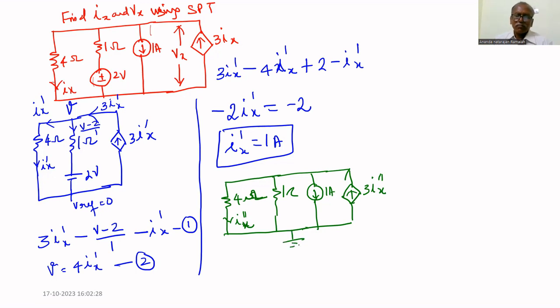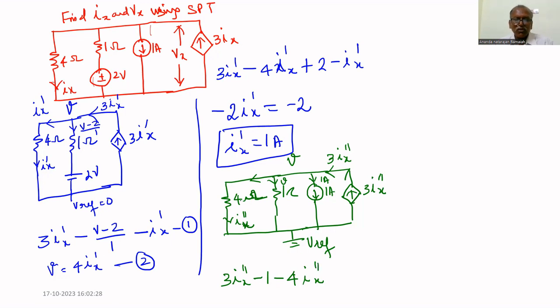Again, let us apply the reference and KCL. The incoming current is 3Ix double dash. Here the outgoing current is 1 ampere. Here the outgoing current is V divided by 1. Here the outgoing current is Ix double dash. Therefore, the equation becomes 3Ix double dash minus 1 minus V minus Ix double dash equals 0, where V equals 4 times Ix double dash.